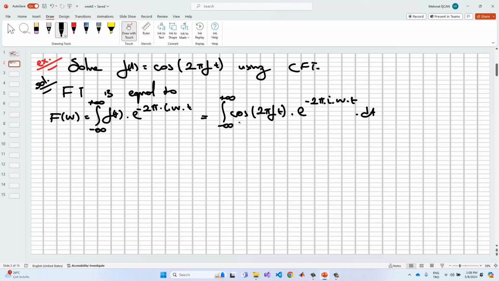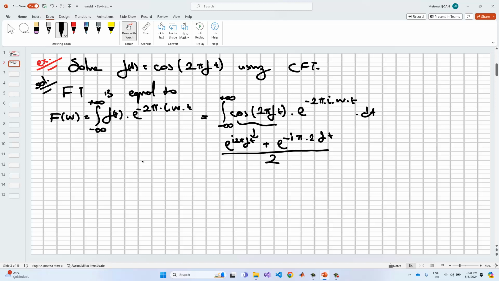because if we have the cosine signal, just like this one, we can write this signal in terms of e to the i 2 pi f t plus e to the minus i 2 pi f t, divided by 2, right?